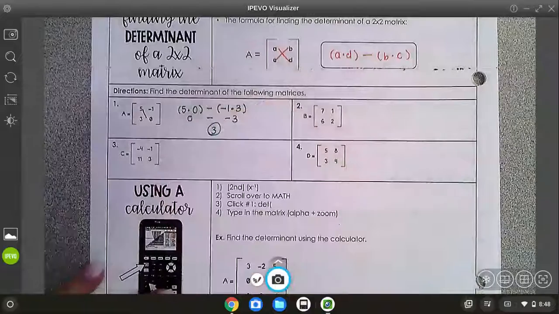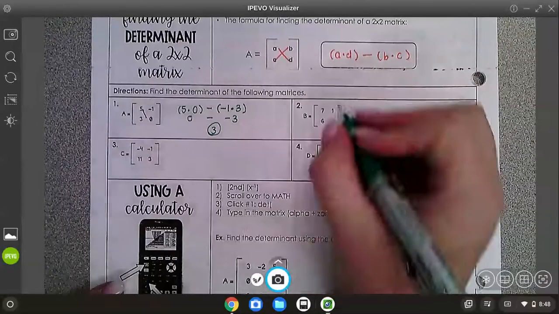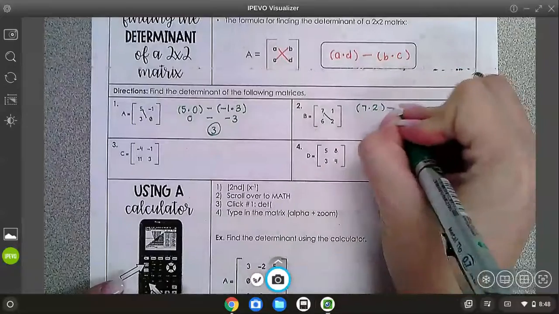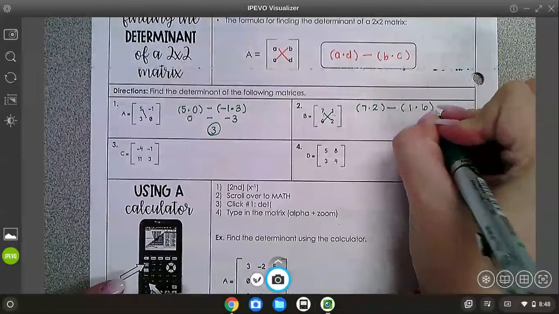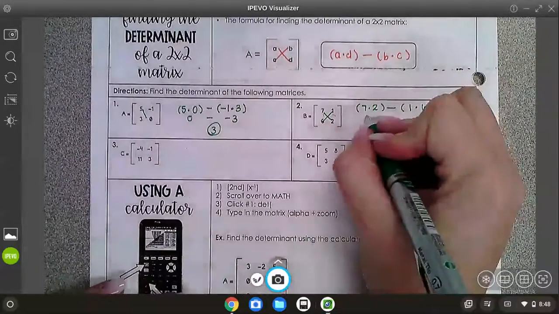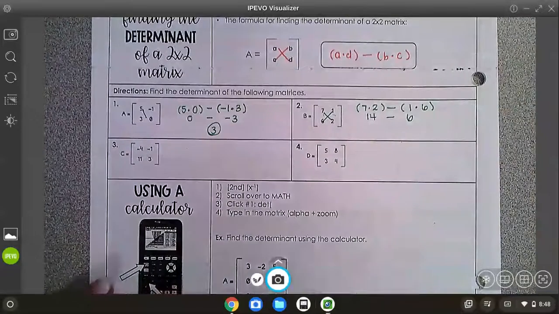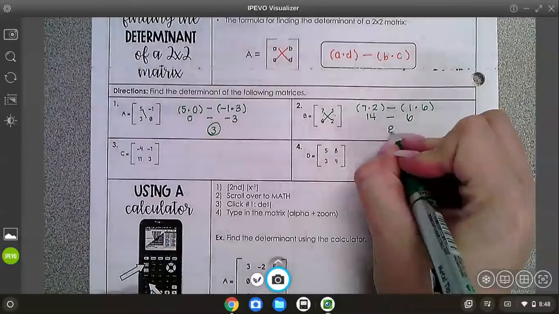Good. Number 2, we do 7 times 2 minus 1 times 6. So 14 minus 6. Which is 8.